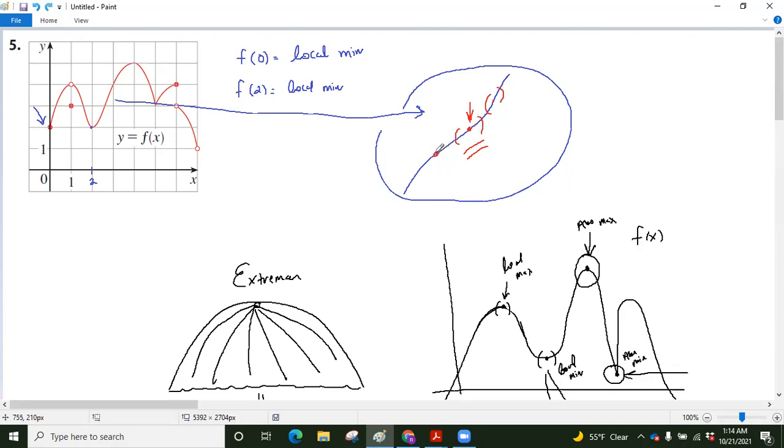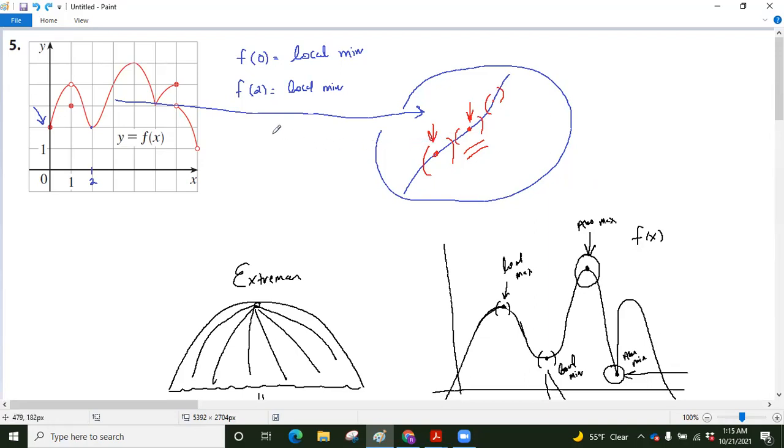So for every single point on this graph, I could draw a point here and look in this small neighborhood, and I can see that there are points that are greater than this point and points that are smaller than this point. Therefore, any point on this type of graph, on a slant, can't be a local minimum or a local maximum, and it definitely can't be an absolute maximum or an absolute minimum.